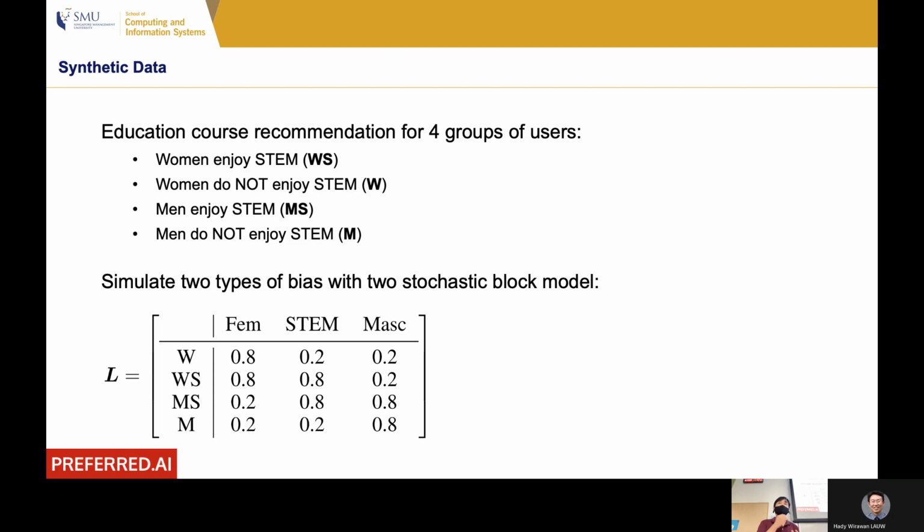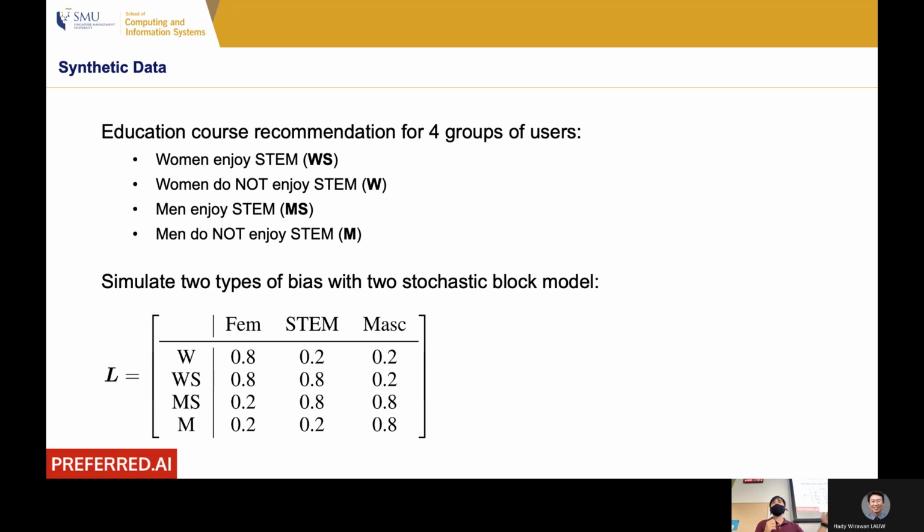This first block represents the probability of how each group of users will rate positively the groups of courses. Let's say we have 3 groups of courses: the feminine courses, the STEM courses, and the masculine courses.